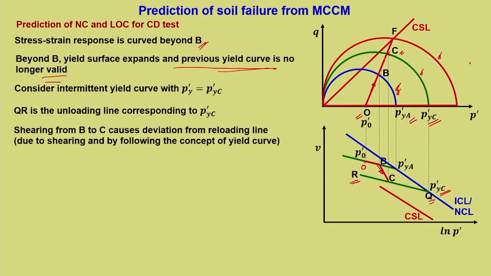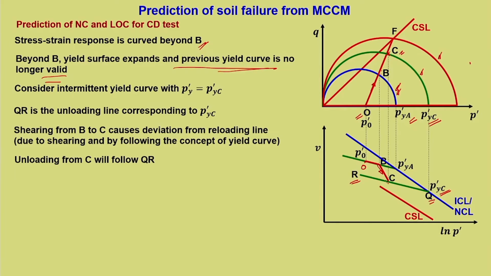Now, let us say that the stress path has reached up to point C and it is at point C right now. So, that particular point defines a new yield limit, and that is what is shown here at the point C, that is QR is the new elastic response for this particular soil corresponding to point C. So, when it deviates, it has come to point C. Now, it is at this particular point.